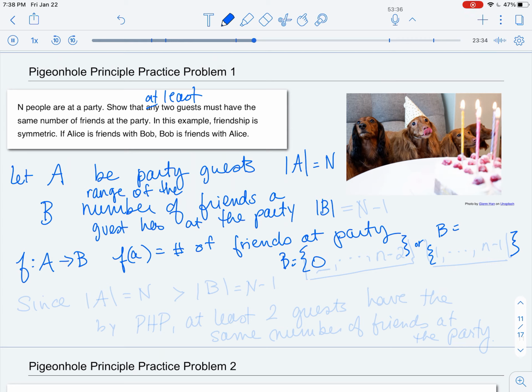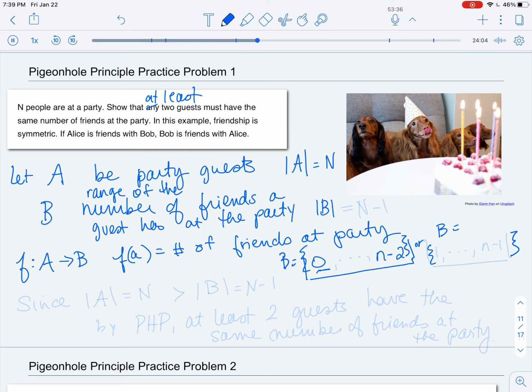So there are 2 extremes: somebody has no friends, or somebody is friends with everybody else, n-1. But we want to convince ourselves that these 2 situations are mutually exclusive. What I mean by that is that if somebody has no friends, it's not possible for somebody to have n-1 friends. So in that case, if somebody at the party has no friends, then the most that somebody else can have is n-2.